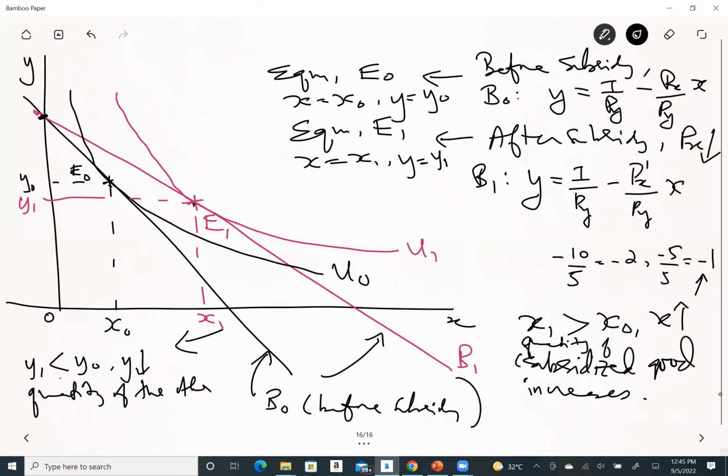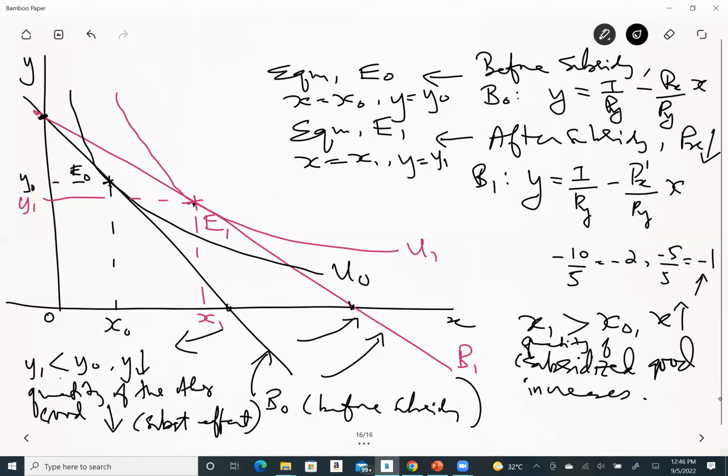The other good is not subsidized, no? The other good, the unsubsidized, decreases. You see? So here we have what? We have the 2 effects. Number 1, you have the income effect. I over PX is higher. Okay? So that is the real income. Okay, real income is higher. What is the other one? The other one, you'll see here, I have consumed more X, I consume less Y. So what is it? That is the substitution effect.